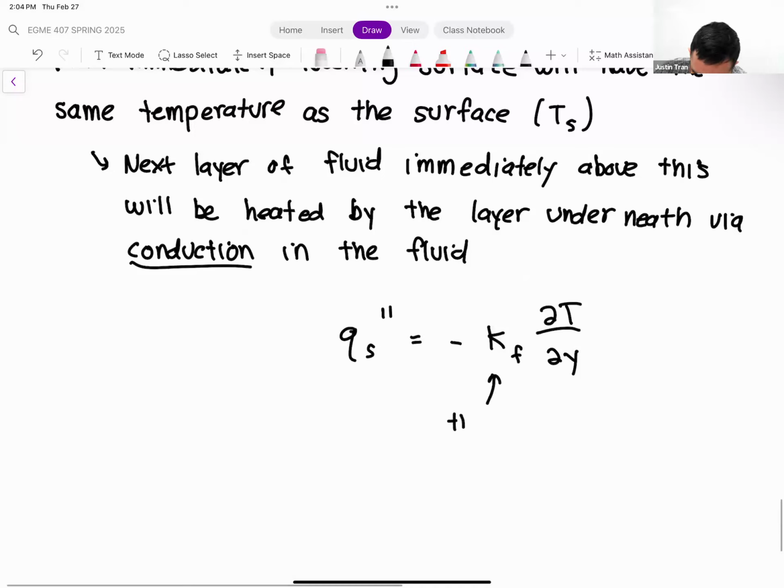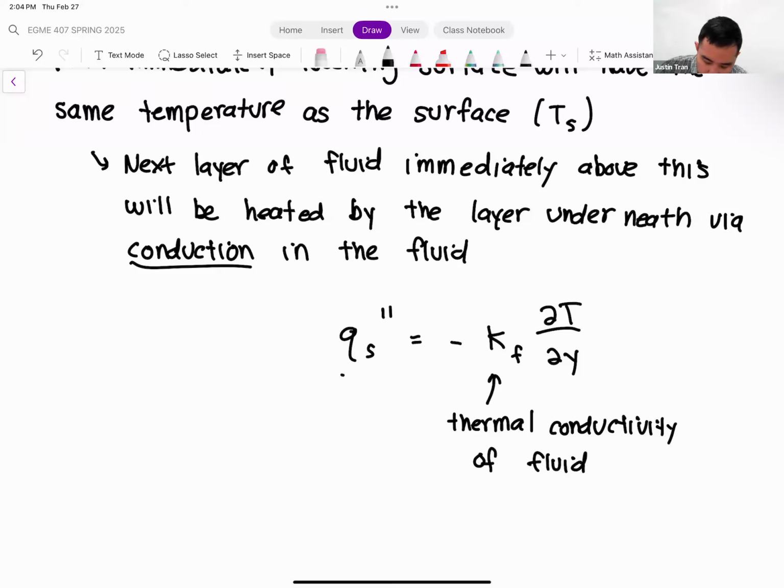So this right here is thermal. And this QS is the upward heat flux.